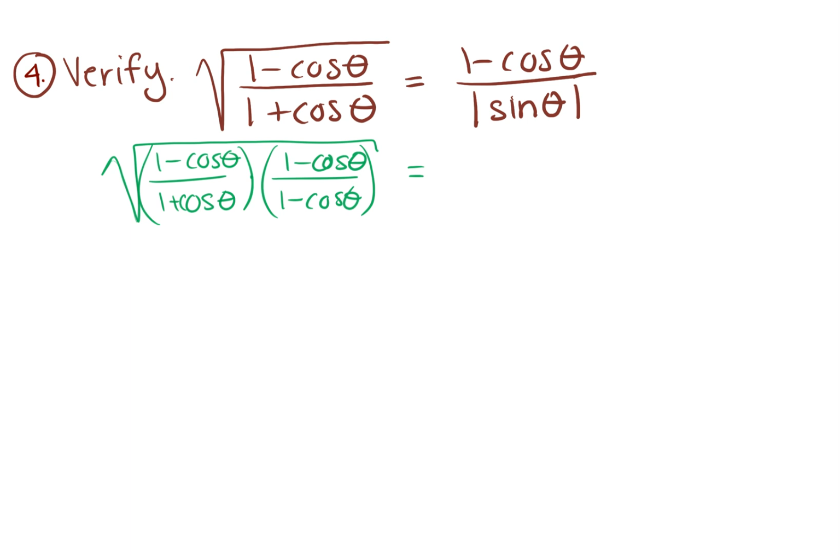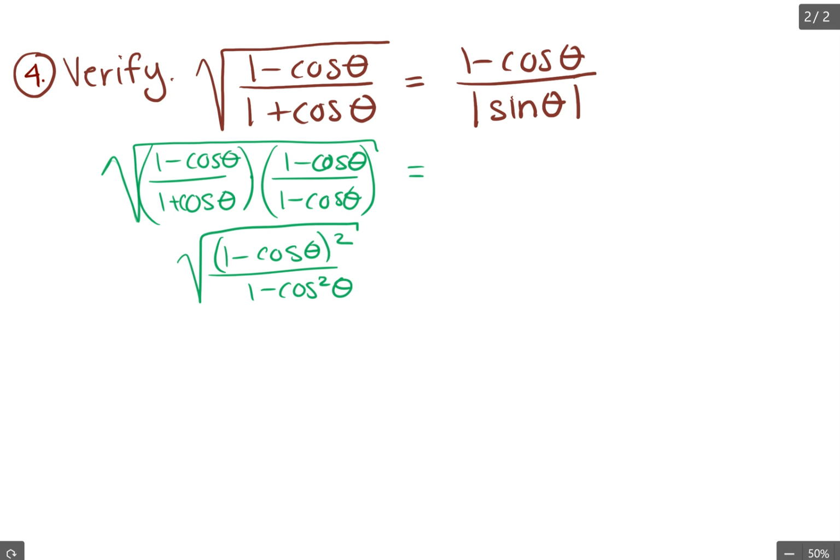And now when I simplify in my denominator, I'm going to get 1 minus cosine squared. My numerator, it's 1 minus cosine times 1 minus cosine, so it's 1 minus cosine quantity squared over 1 minus cosine squared. They sound very similar, but they're very different. 1 minus cosine quantity squared versus 1 minus cosine squared. So now I'm going to use my identity, right?